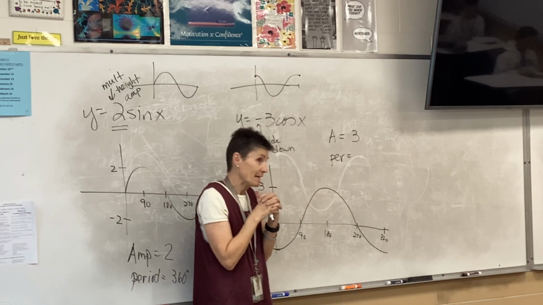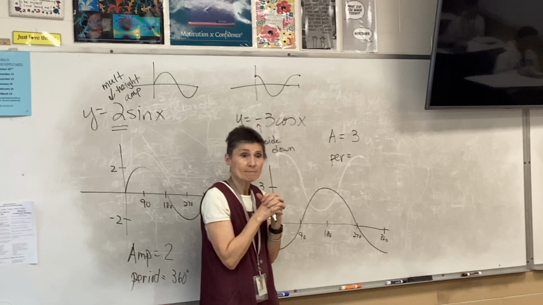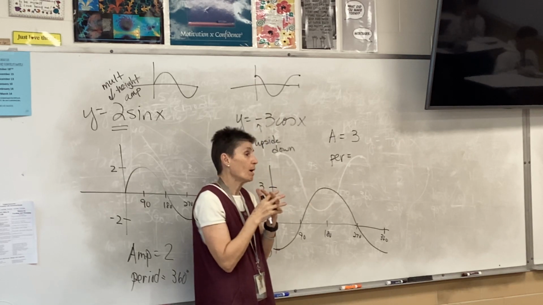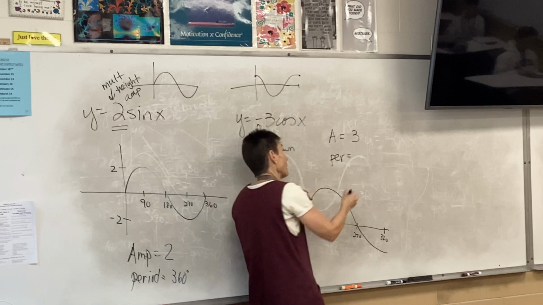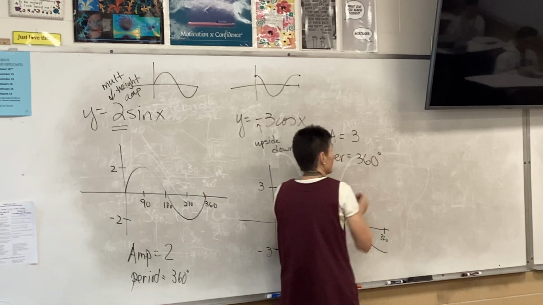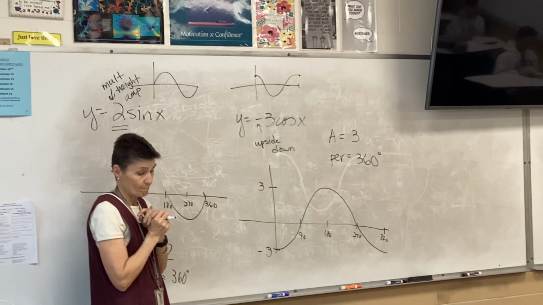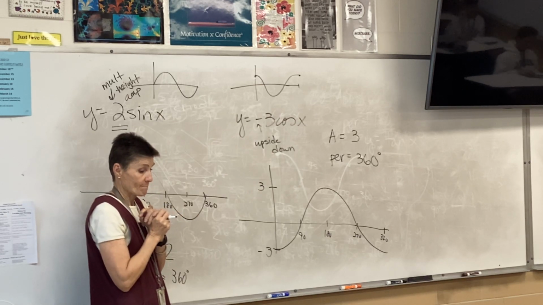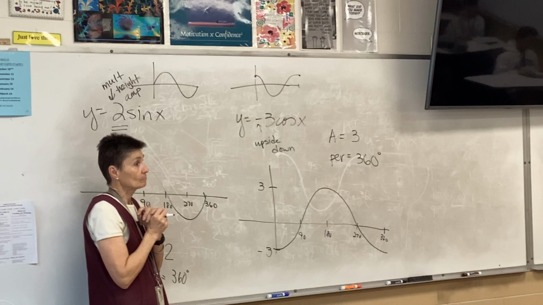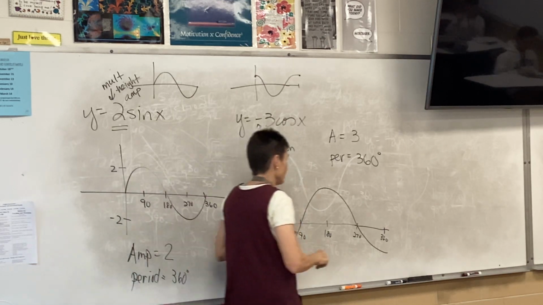Mm-hmm. Amplitude's not negative, ever. Okay? So even though there's a negative in the problem, amplitude is still 3. And my period is still 360? All right, this is fine.